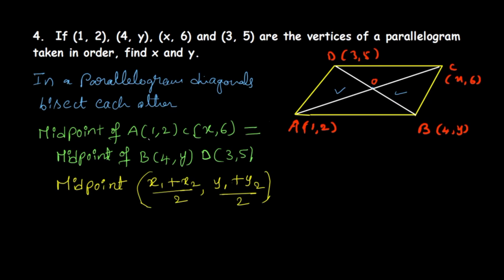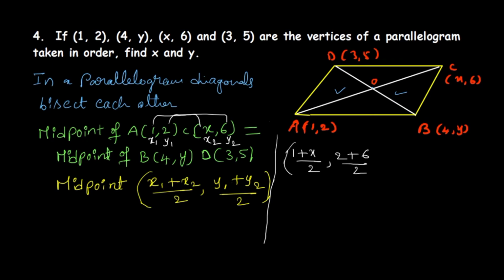For the AC midpoint, this is x1, y1 and this is x2, y2. So (1 plus x) by 2, and (2 plus 6) by 2, equal to the BD midpoint.